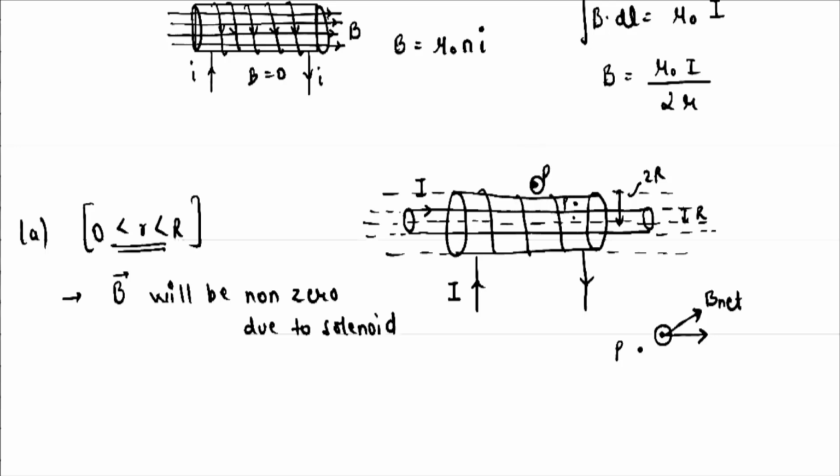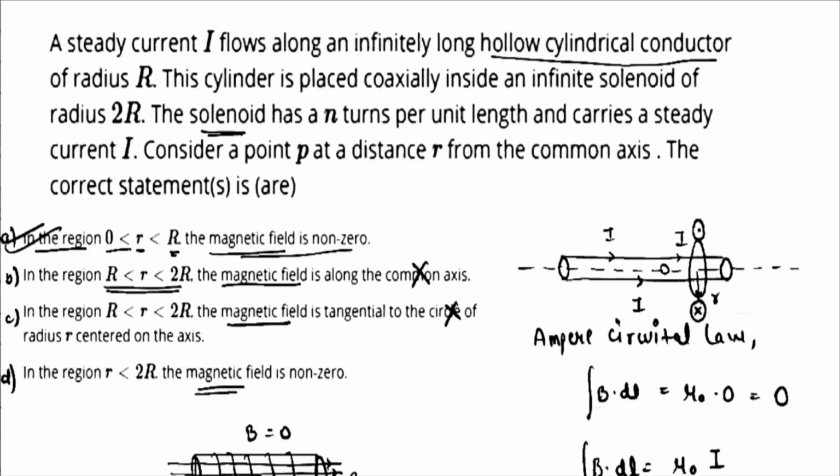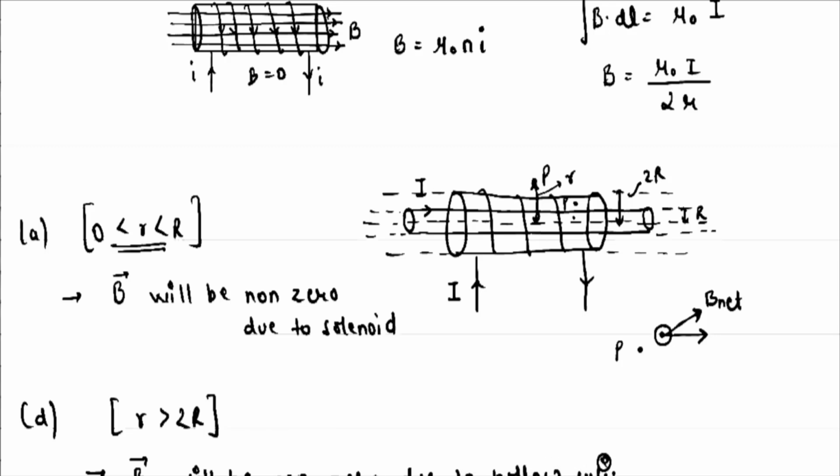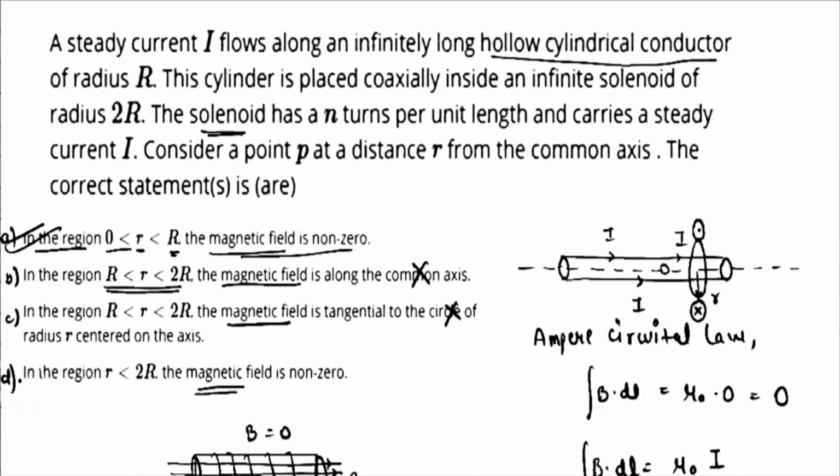But as I already mentioned, due to the hollow cylindrical conductor there will be some magnetic field present at point P. Thus the given statement D is also correct.